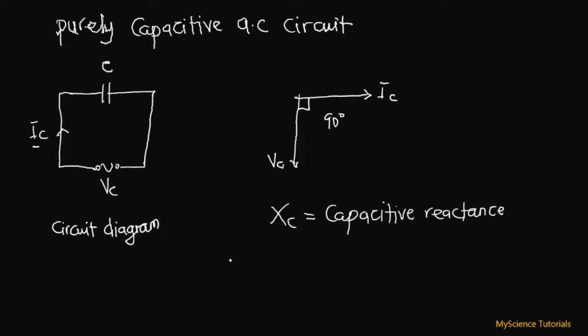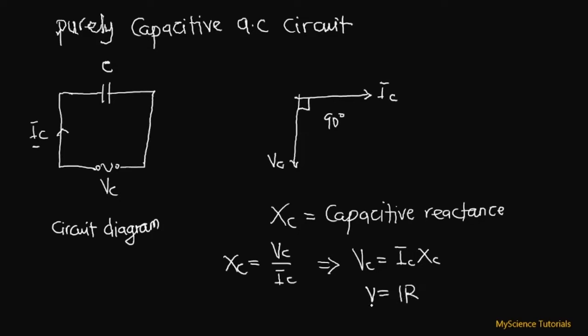Now this capacitive reactance XC is given mathematically as the ratio of capacitive voltage to capacitive current, which means that if we make the capacitive voltage the subject, we have the product of capacitive current multiplied by XC, the capacitive reactance. This looks like Ohm's law for direct current, that is V equals IR.